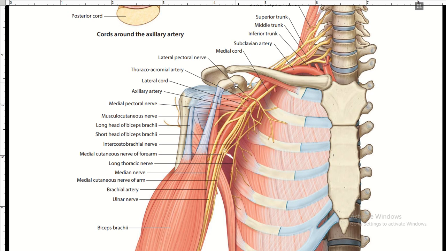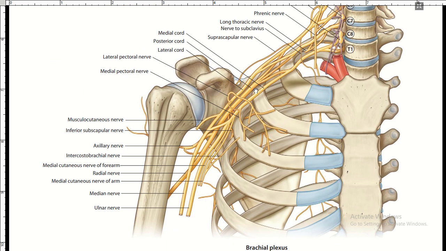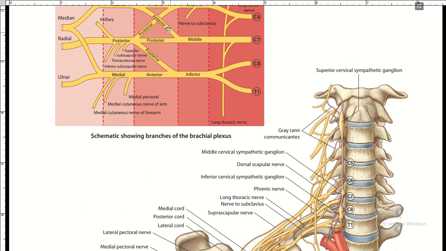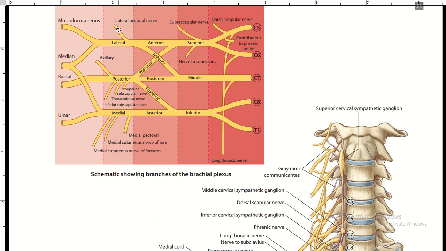The pectoralis minor. But the first part of the axillary artery, the cords are going to lie superior and lateral to the first part of the axillary artery.